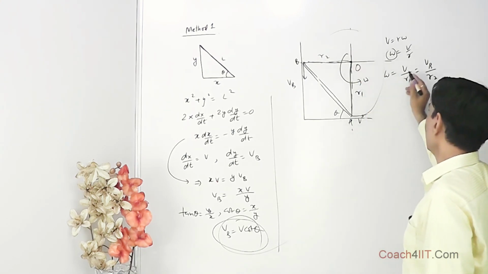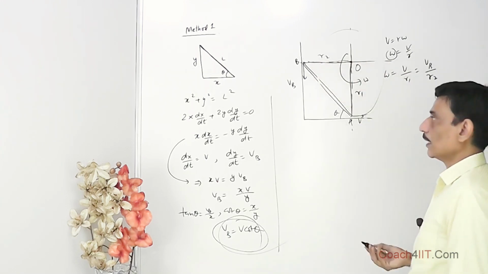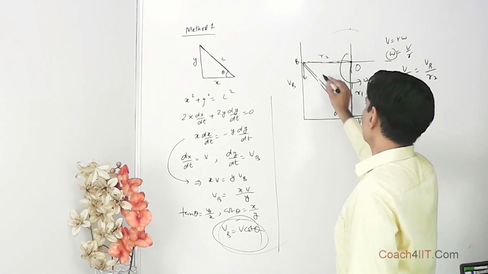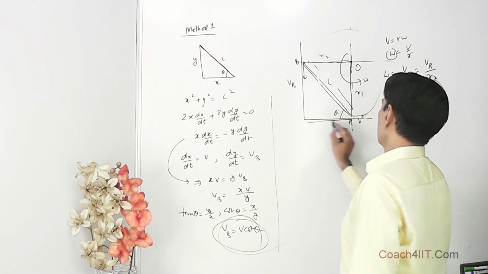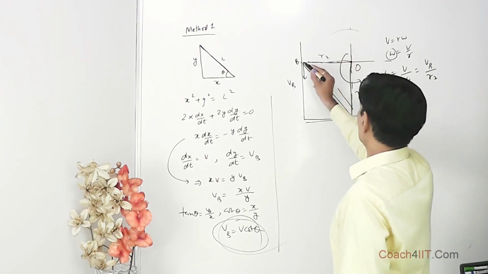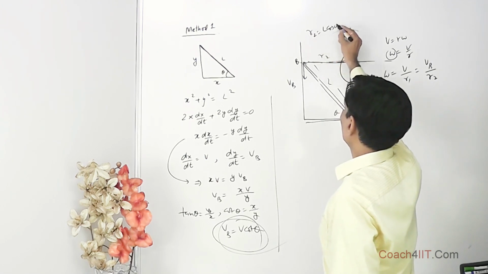Now what are R1 and R2? If this length is L and this angle is theta, this is going to be L cos theta. So R2 is equal to L cos theta.